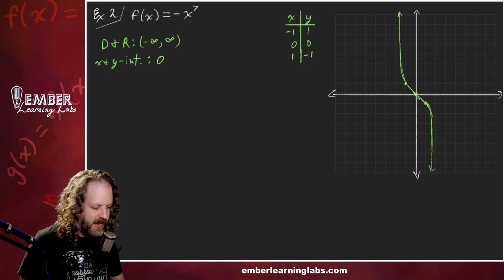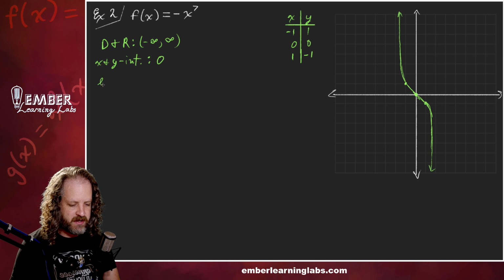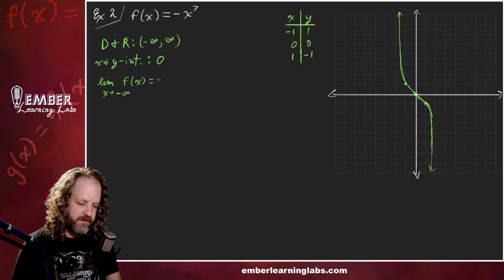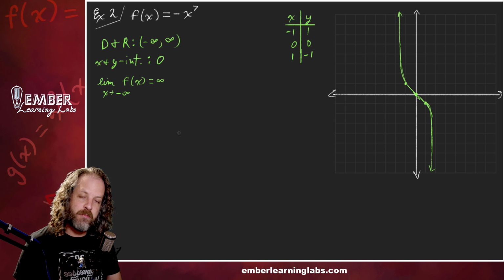All right, so end behavior: the limit as x approaches negative infinity, so as it's moving to the left, of f of x is positive infinity. Since it's an odd one, they're going to be opposite. They're not approaching the same thing.